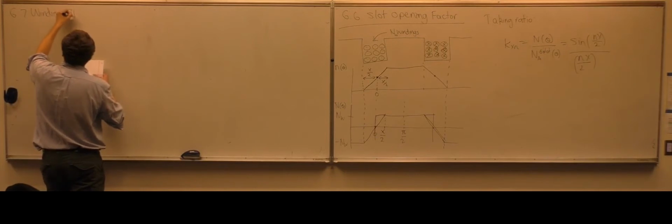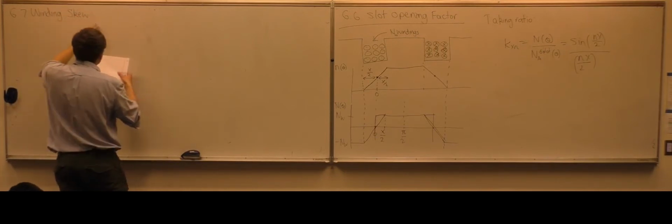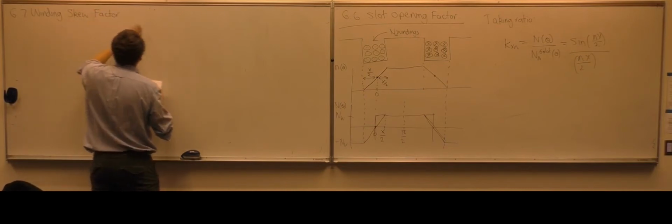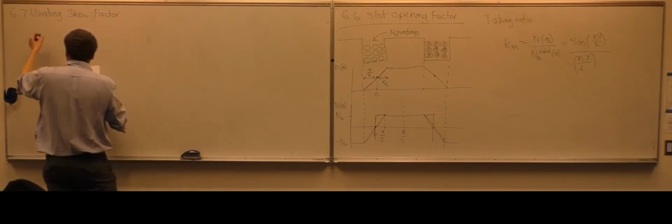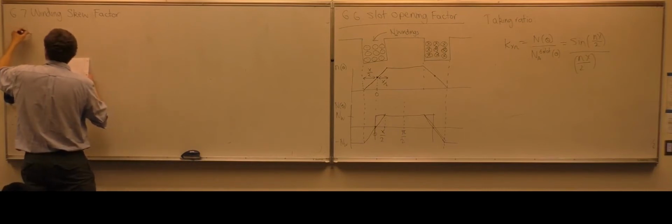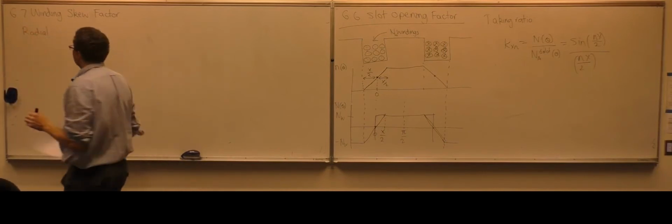I don't like skewing. I think it's kind of cheating. But some induction machines are skewed to reduce torque ripple, and it's quite expensive if you want to do it with the stator. But it actually is a very quick calculation.